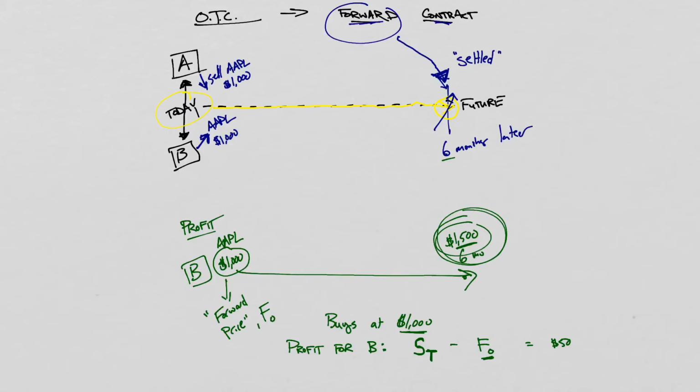Now, we call the underlying, in this case whatever Apple's stock price is over this time period, at any given time, S. It stands for spot, but it's another word for underlying.